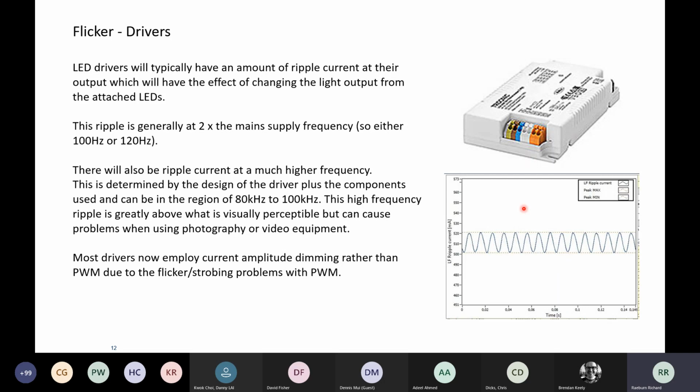In terms of LED drivers, they've changed over the years, but we do have a ripple current on the output. So we have our DC output, and there's always some slight ripple current there. You can see it here, somewhat exaggerated, and that over the years has diminished.